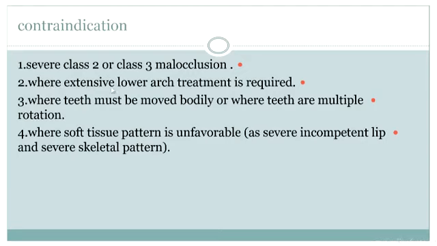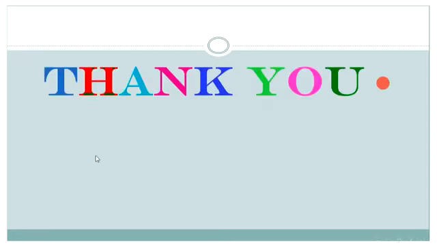Where extensive lower arch treatment is required, where the teeth must be moved bodily, or where there are multiple rotations, where the skeletal pattern is unfavorable, as in severe crowding and severe skeletal pattern.